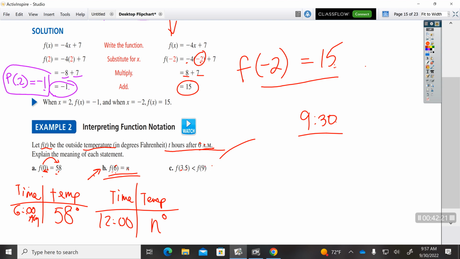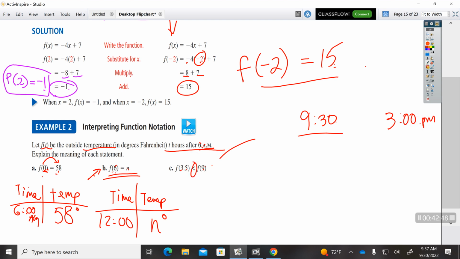Now what's 9? From 6 a.m., 9 hours. What is it going to be? No, not the temperature, because that's time. 9 hours on top of 6 a.m. What time is it during the day? 3 de la tarde. Are you with me? 9:30, 3 p.m. What does this mean?